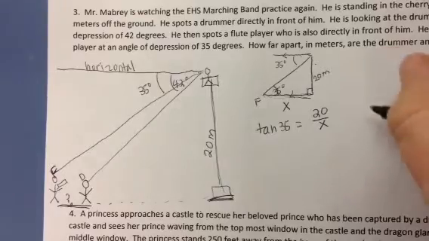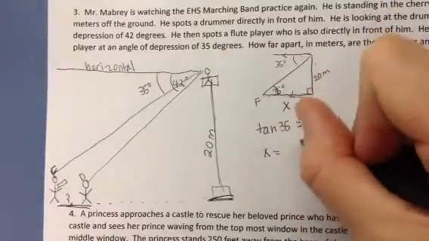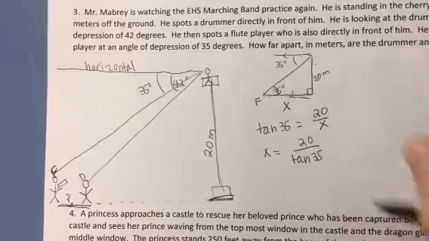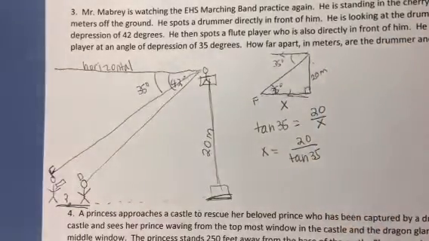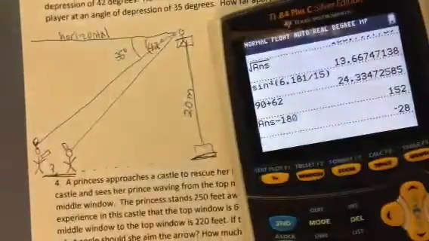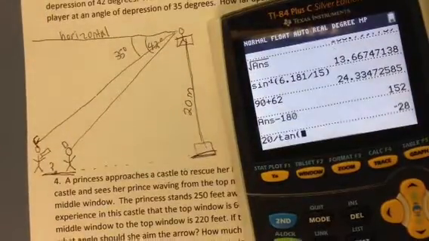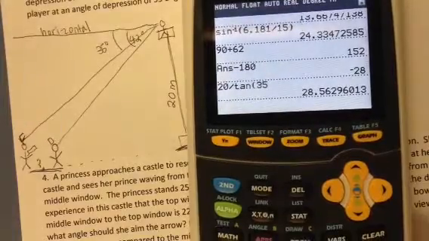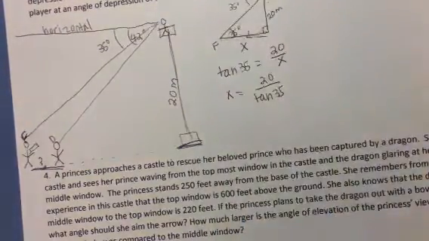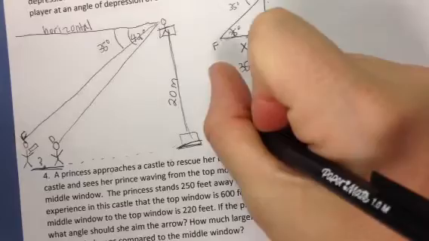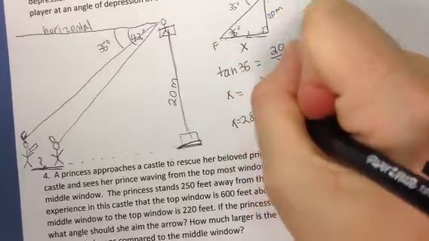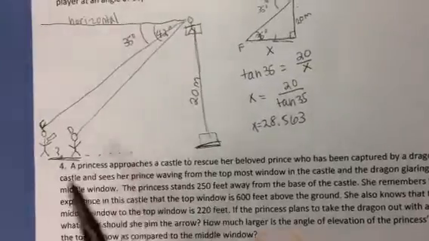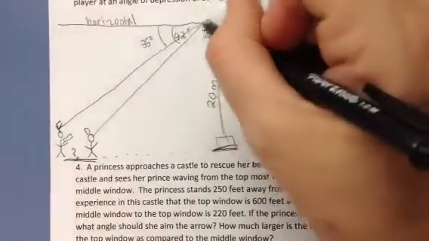We can now rewrite this as x equals 20 divided by the tangent of 35 degrees. Okay, now of course our calculator will do that part. So we're going to type in 20 divided by the tan 35, and we get about 28.563 meters.